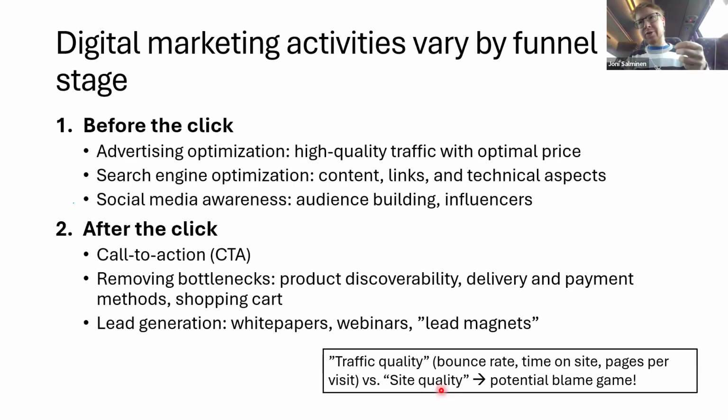So that's why people are not converting, but we are driving good traffic and a lot of traffic, so you should fix the website and you should fix the product so that people actually want to buy. So that is the traffic people's explanation.